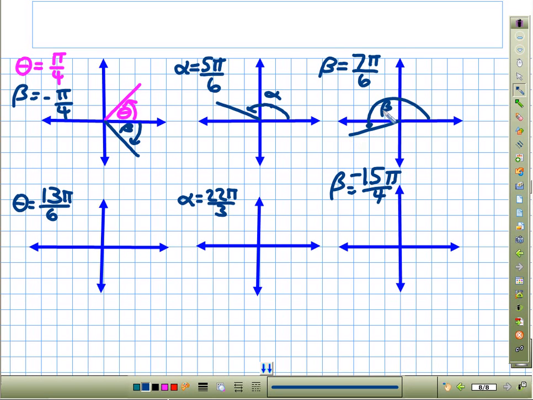Okay, now what about 13 pi over 6? Well, look at this. Think about 13 pi over 6. What is 6 pi over 6? That's pi, right? Okay, what about 12 pi over 6?